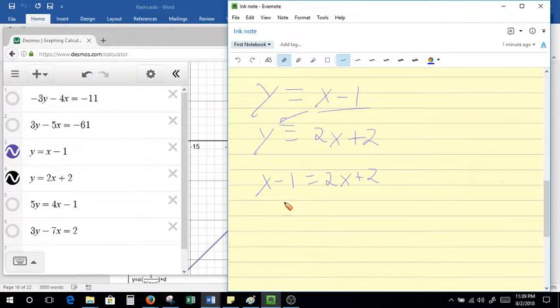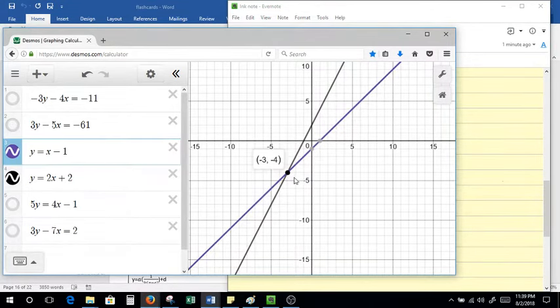We need to get x isolated. The larger one is over here, so we want it to be positive. Subtract x, we get x plus 2, and then we subtract both sides by 2 to get rid of this. Negative 3 equals x. And we see that that's true.